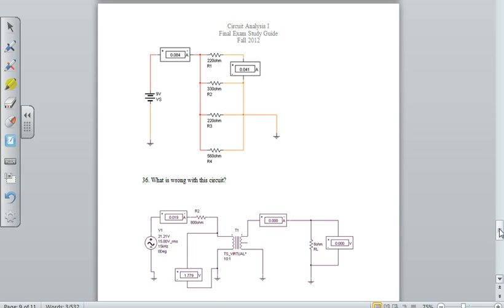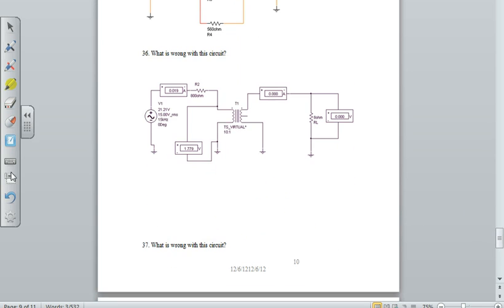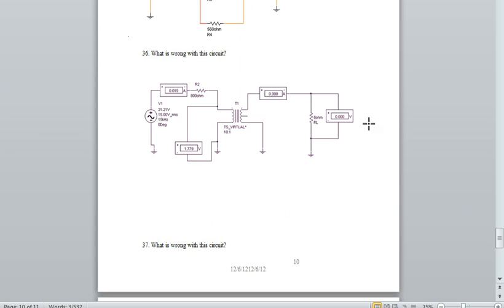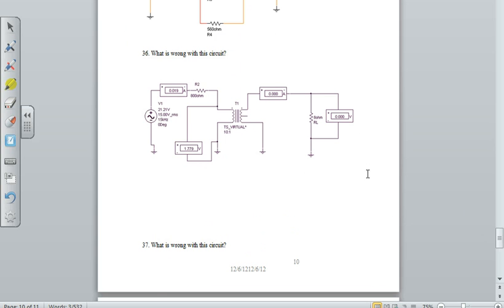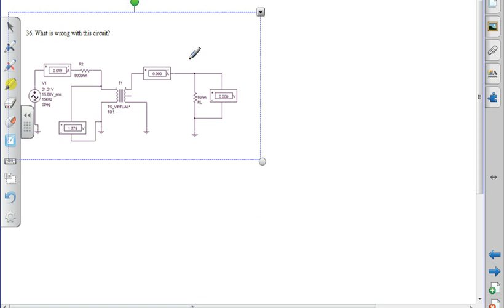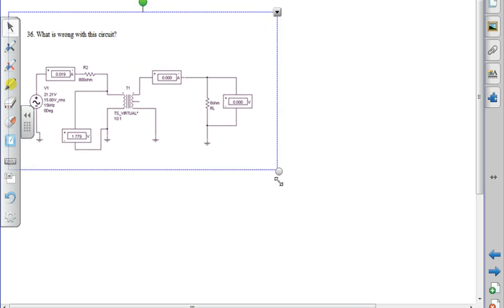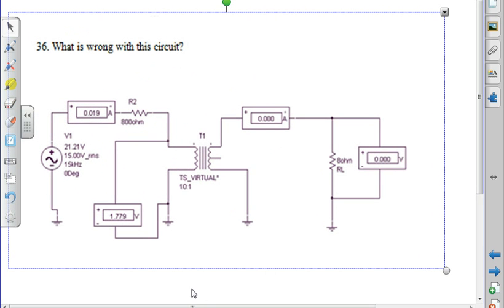All right, now we get to the easy ones. Okay, so I look at this guy, what's wrong?